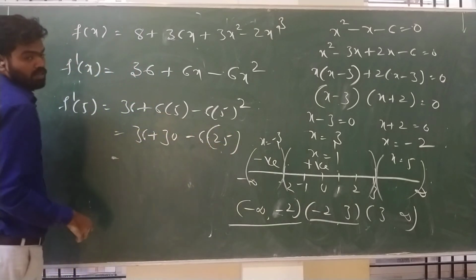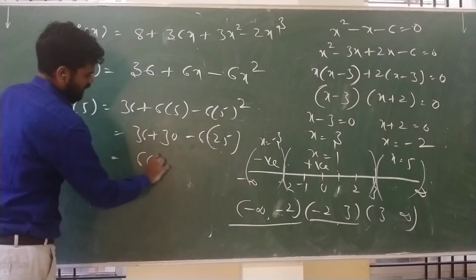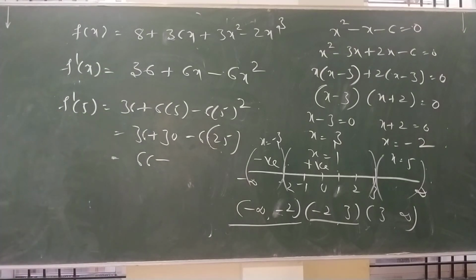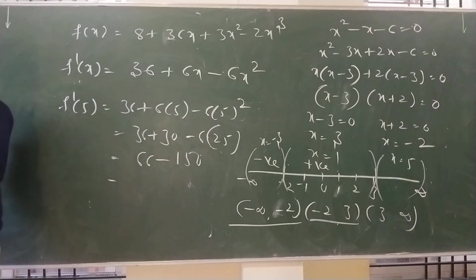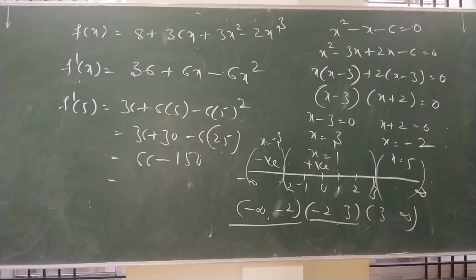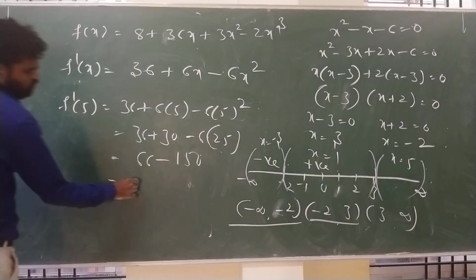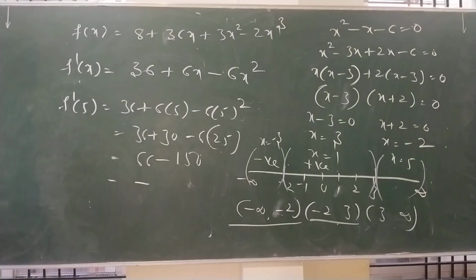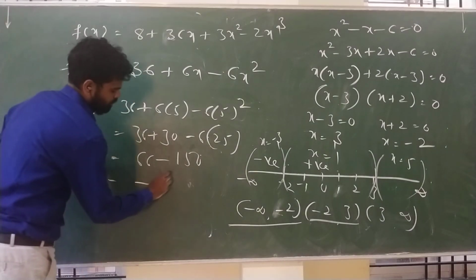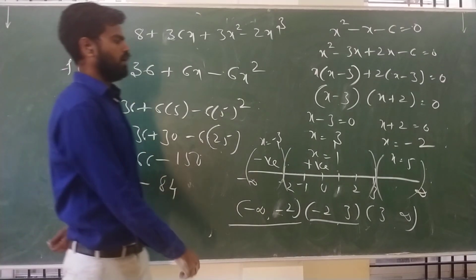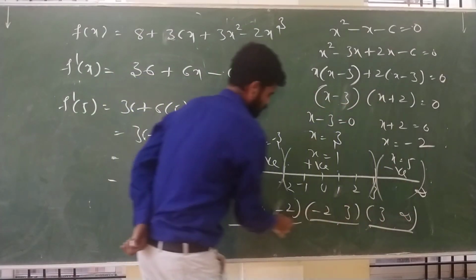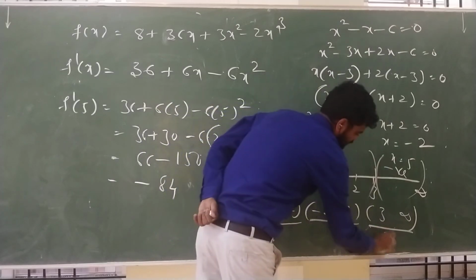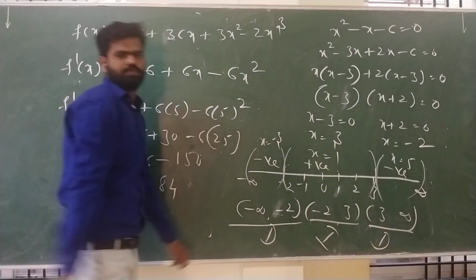So 36 plus 30 is 66 minus 6 into 25, which is 150. So 66 minus 150, here again the value should be negative. It is minus 84. The third interval is also negative. So these two are decreasing and this is increasing.